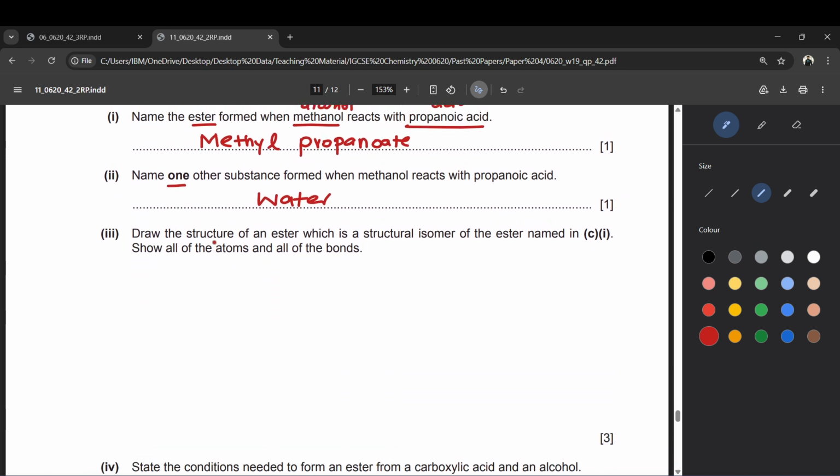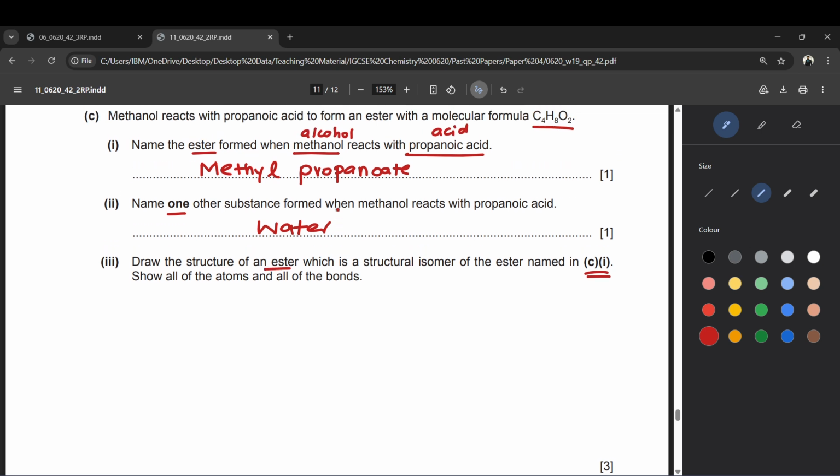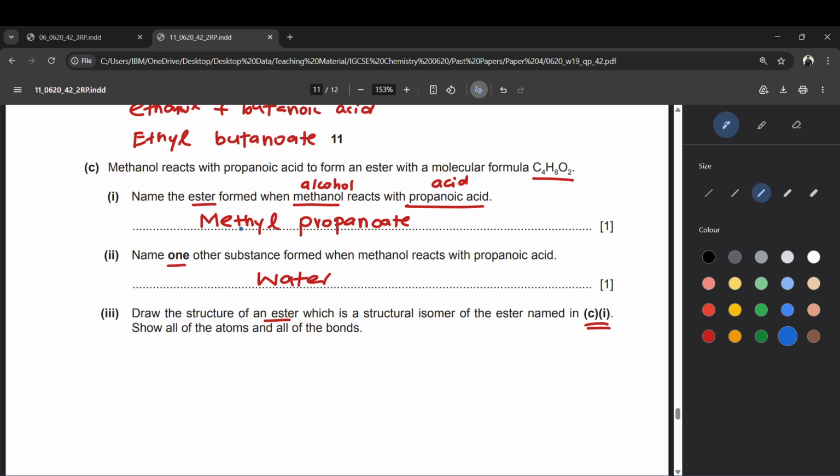Okay, now it says draw the structure of an ester which is a structural isomer of the ester named in C1. Show all of the atoms and all of the bonds. Now here you have to show the structure of an ester which is an isomer. For esters, all we have to do to find an isomer of this ester is switch them up.